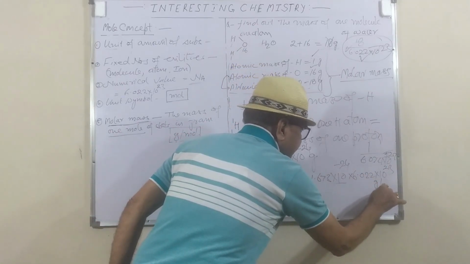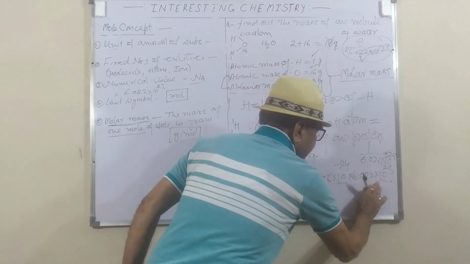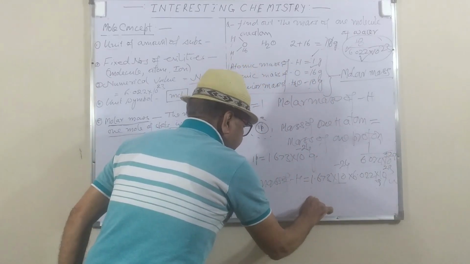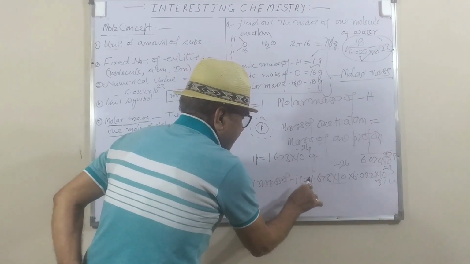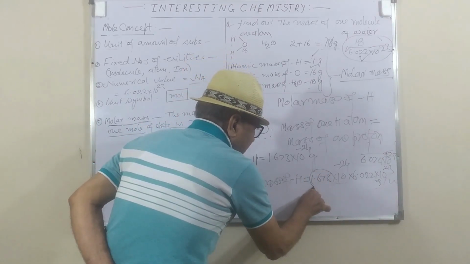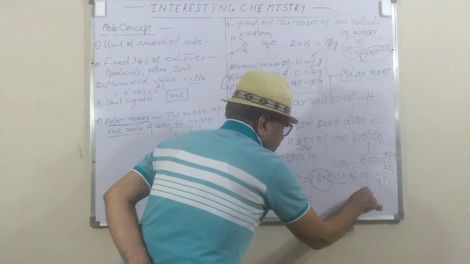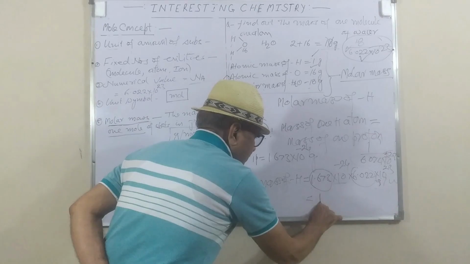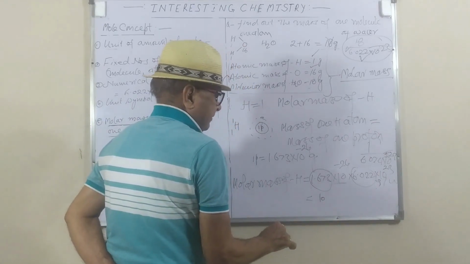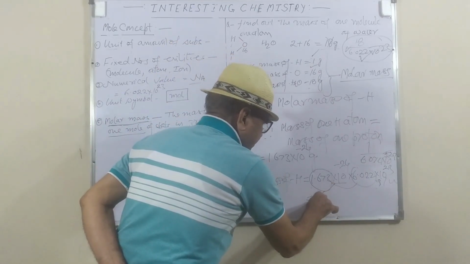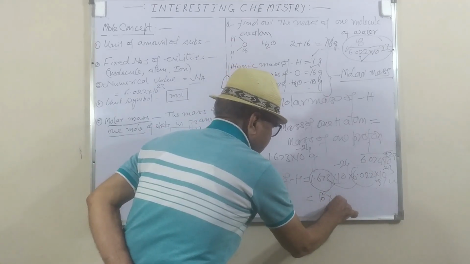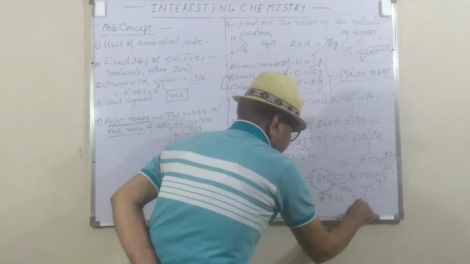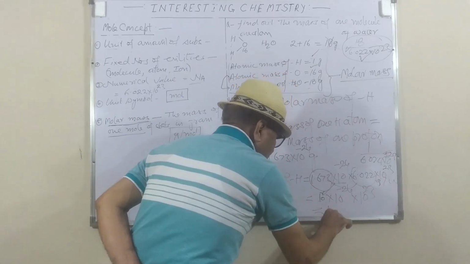So you write here gram per mole, g per mole. So again, when you multiply this value with this value, 1.673 into 10 raised to the power minus 24 into 10 raised to the power 23, this will be equal to 1.